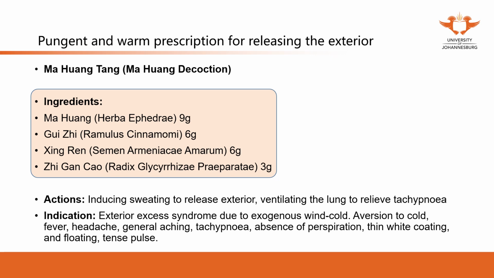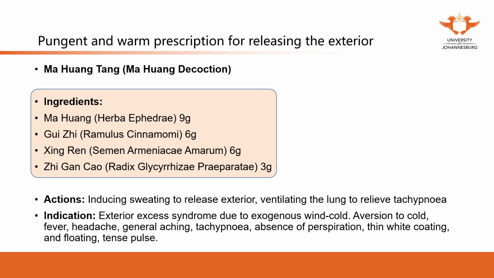The first category in the Ethereal releasing formulae, we are going to talk about pungent and warm prescriptions. When you see pungent and warm prescriptions, when you think about the materia medica, you will understand that we have another category of pungent and cold prescriptions, which also can relieve the exterior.